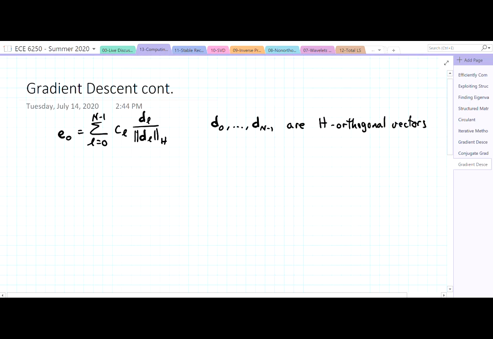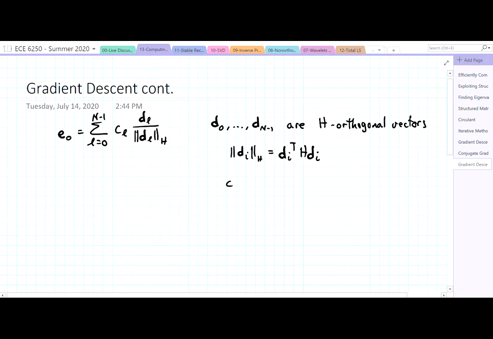They're orthogonal with respect to H, this new inner product, where, of course, since it's based on the inner product, we have di H di is equal to di transpose H di.